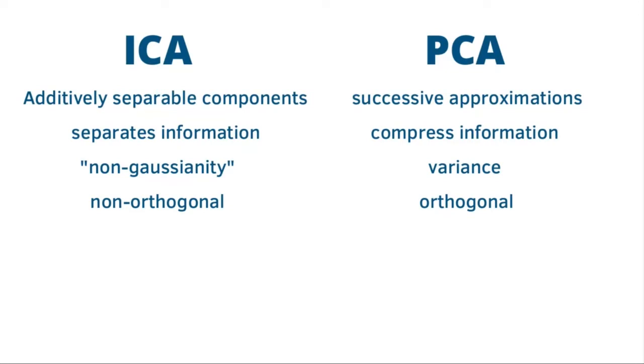Just to compare the two of them, because the name is quite similar: ICA does that additively, separating components one by one. PCA does that by successively computing the first component, and then the second, and so forth. So ICA actually separates the information that you might have, and PCA compresses it.